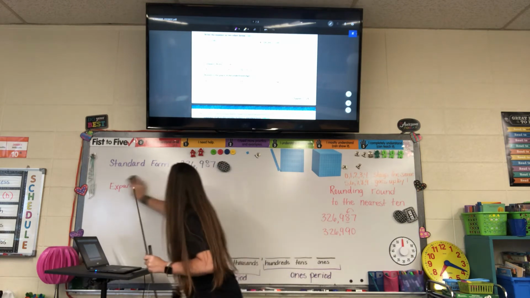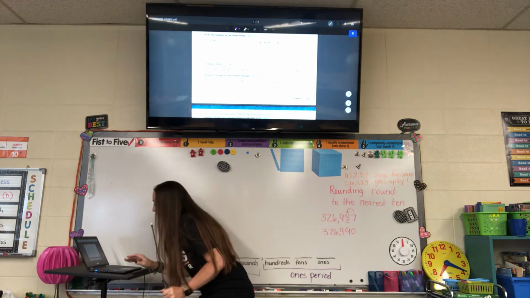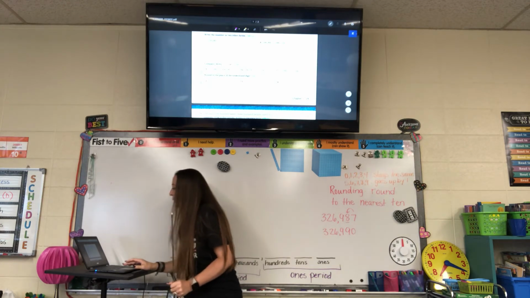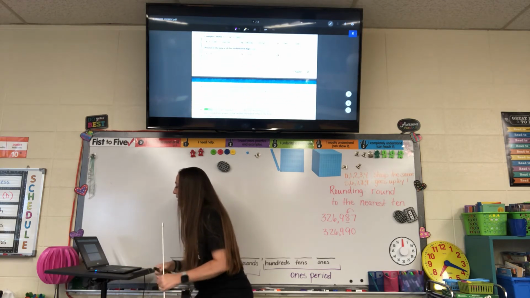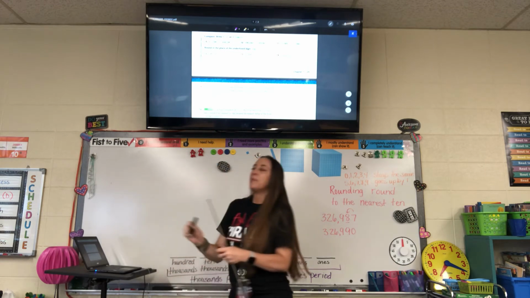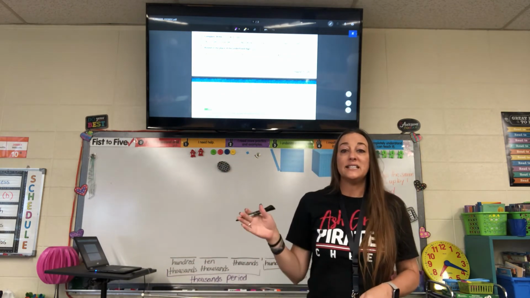Now, moving on. Okay. It says compare, write less than, greater than, or equal to. So if we're comparing 2 numbers that are both 6 digits.